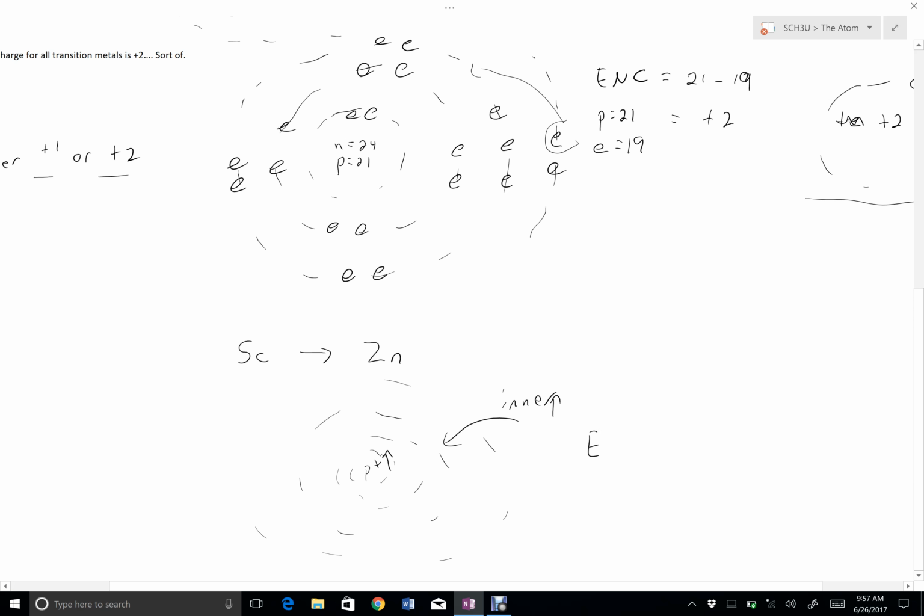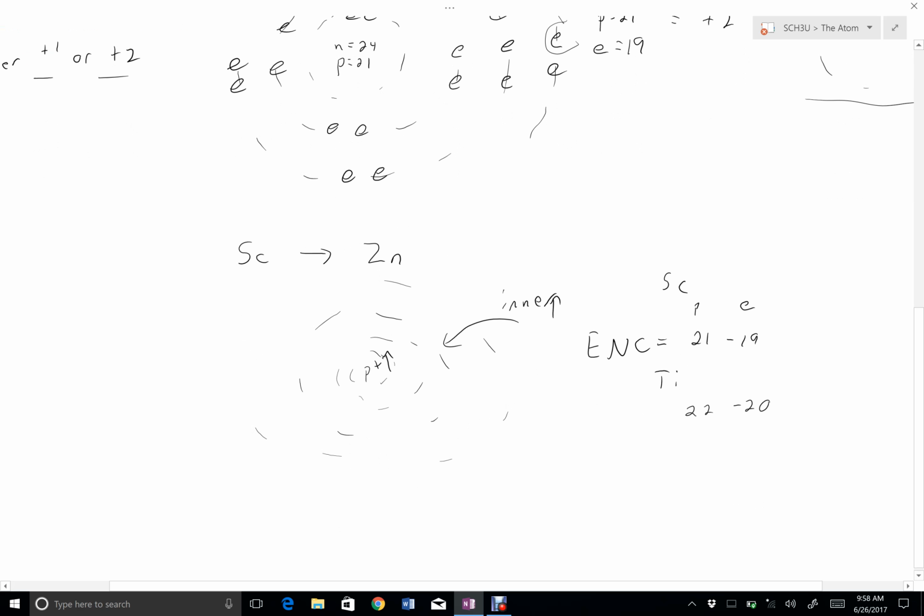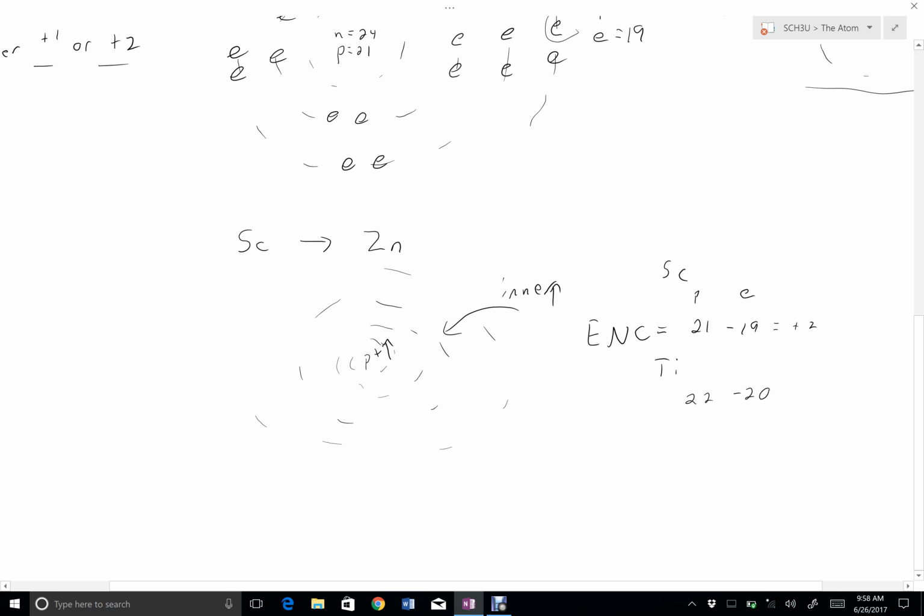What that means then is our effective nuclear charge, which was, say, 21 minus 19 for scandium, will just become, this is protons, this is electrons, for titanium, the next one over, 22 and 20, which is +2 or +2. And then for the next one, which is vanadium, 23 minus 21. See, we're increasing the number of inner electrons and the number of protons at the same rate, and as a result, our effective nuclear charge is staying the same.